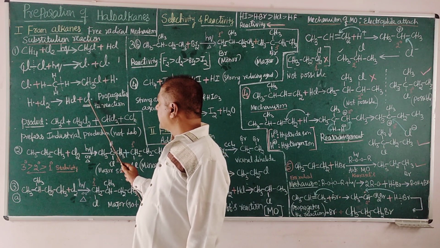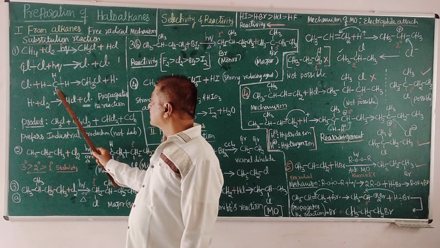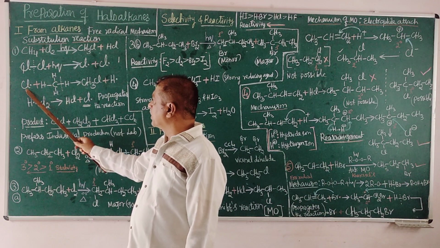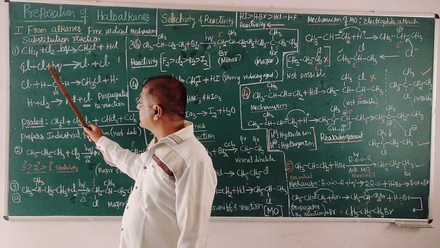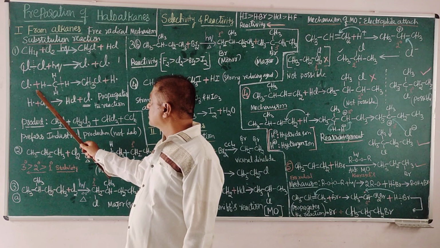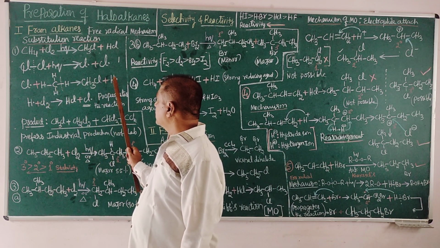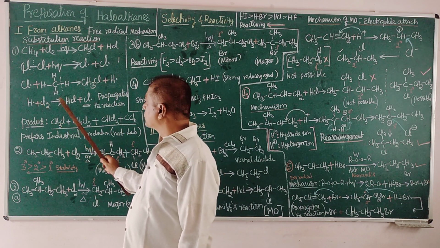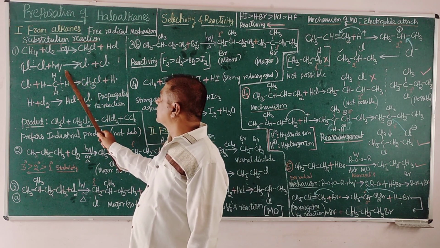When this chlorine free radical forms, it proceeds with the reaction the same as the earlier step, because that step is by this chlorine free radical. This chlorine free radical has come from this step, and now it is repeating with other methane molecules, producing the methyl radical, which reacts with another chlorine molecule producing Cl. These two steps are repeated once it is initiated.